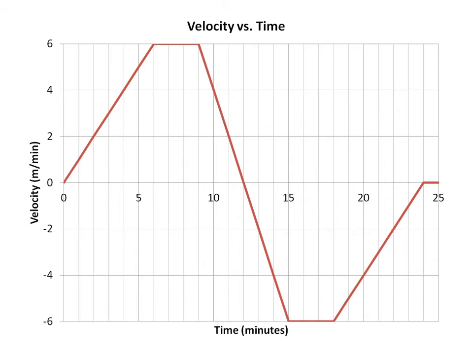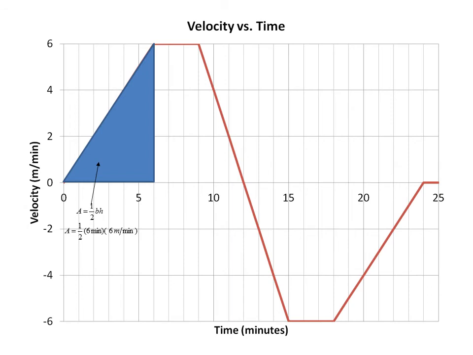You want to take each of these shapes and break them into segments. We have that triangle that runs from 0 to 6 minutes. Remember the area of a triangle is 1/2 base times height. So you plug your numbers in and you get an area of 18 meters.